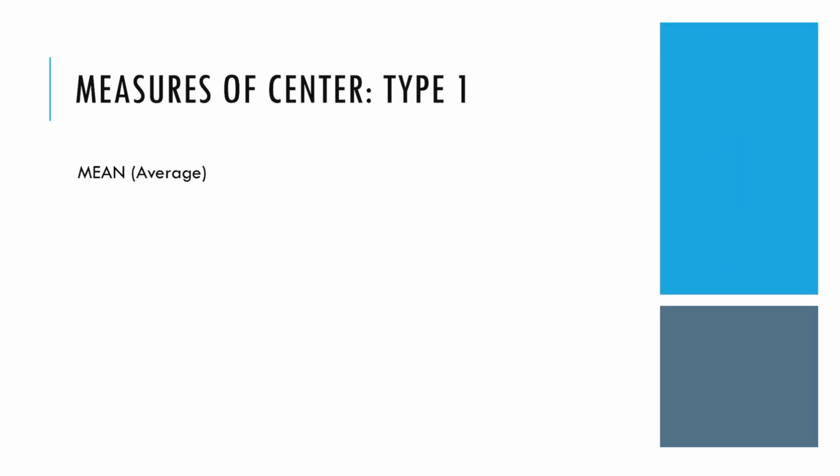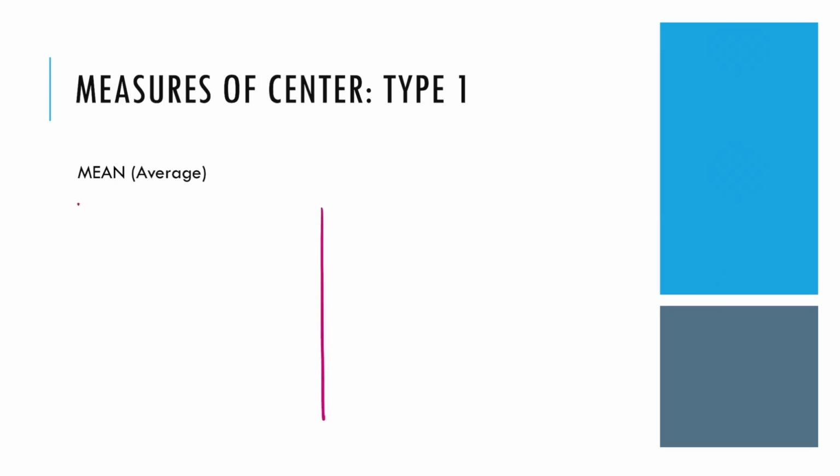The first one is called the mean or the average, and everyone always makes the jokes about, oh, the mean is so mean. If that helps you remember it, then whatever. The mean or the average represents two different ways of thinking.